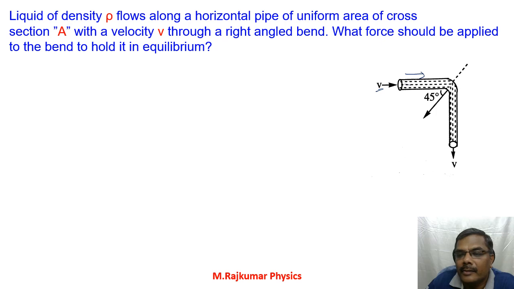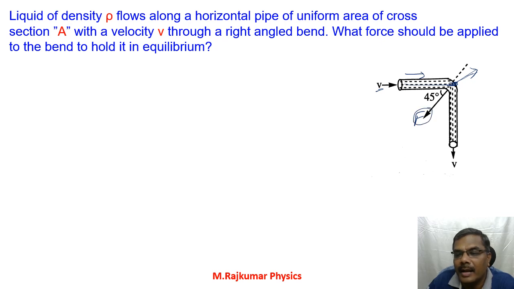When the liquid flows in this direction, it will create some force here, and because of this, the pipe will tend to move in this direction, because it is changing its direction here. So I have to give some force in the opposite direction to hold it.